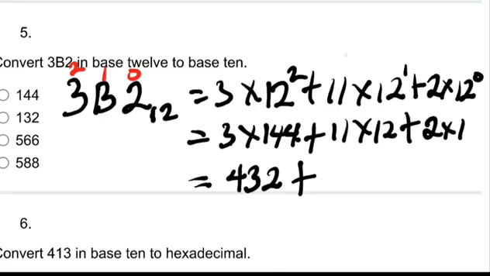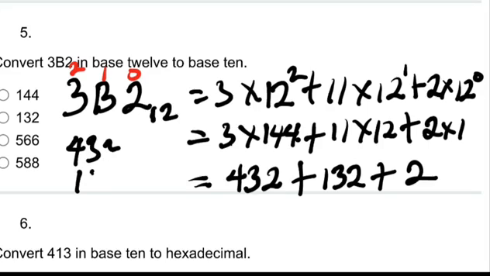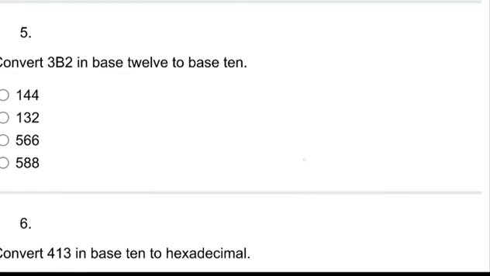Plus 11 times 12, that is 132, plus 2 times 1, that is 2. Add everything together. 432 plus 134. This is 6. This is 6. This is 5. That's 566. This option. So move for the next one.